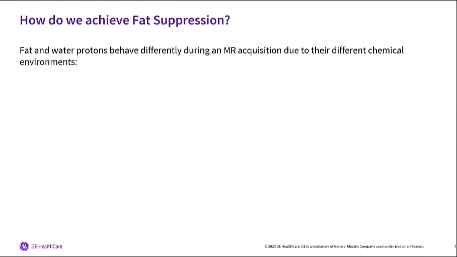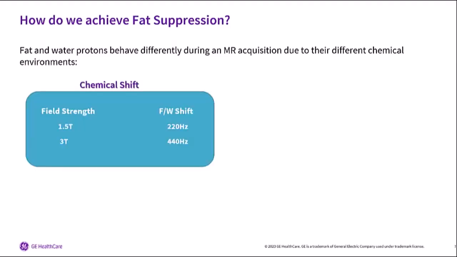So how do we achieve fat suppression in MRI? To suppress the fat signal in MRI, we rely on the differences between the fat and water protons. These protons behave differently regarding the chemical shifts. So by knowing the difference in resonance frequencies between fat and water protons, we are able to apply specific RF pulses to null the fat.